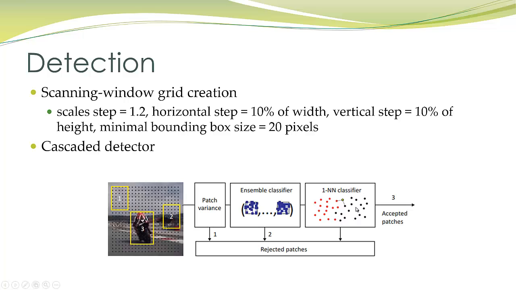When you have gone through all three stages, the remaining pixels are accepted. In the next slides, I'm going to talk individually about each stage we have used in this implementation.